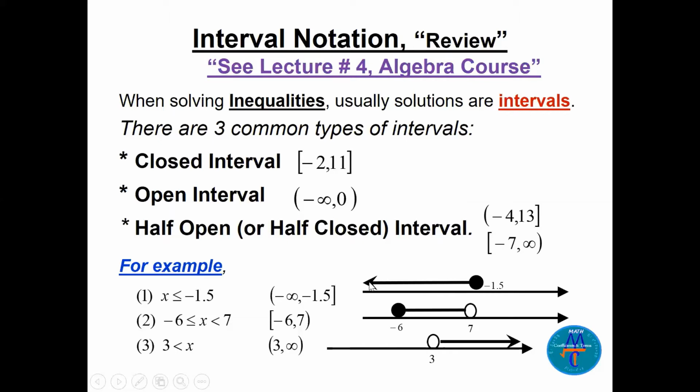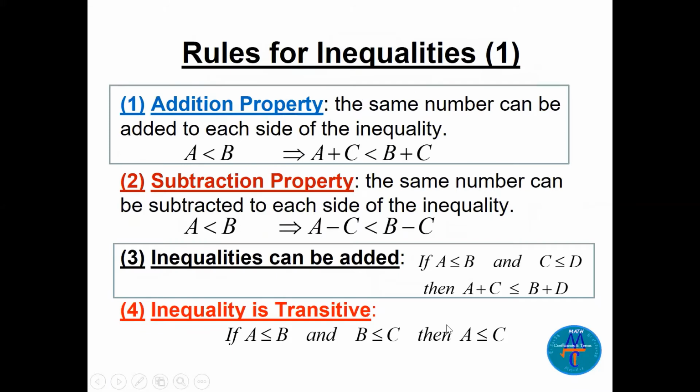If it is open, we make it open like this. At infinity or minus infinity, always open. And then we can have closed and open like this, from 6 closed until 7 open. That's the interval.